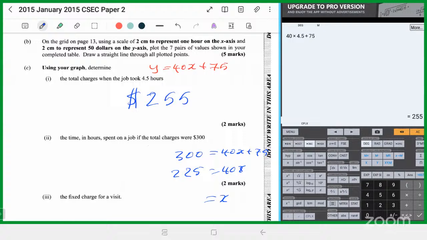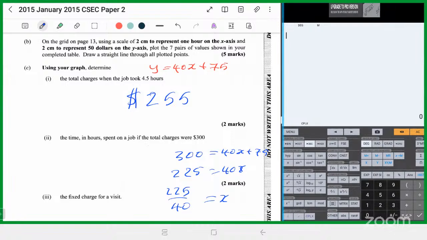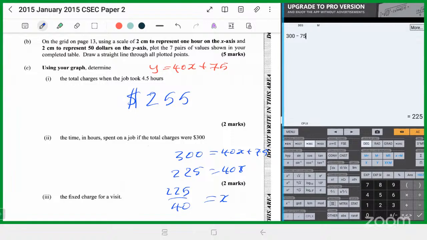The x is 225 divided by 40. Just checking what the answer is supposed to be.